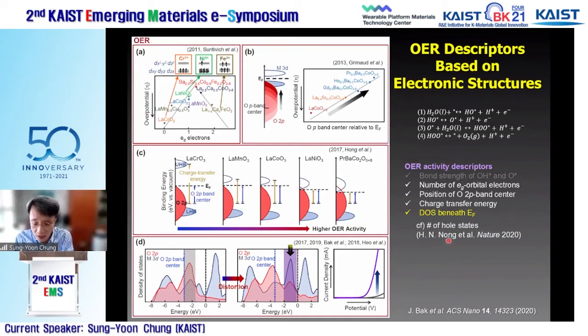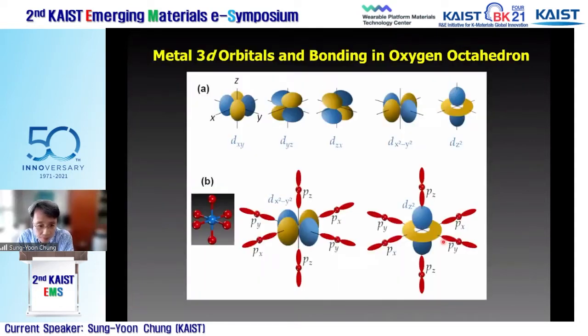So what we have been focusing on is the density of states beneath the Fermi energy level. I think it's quite consistent with the recent report by Nong published in 2020. At the anode side, a strong oxidizing atmosphere is expected.